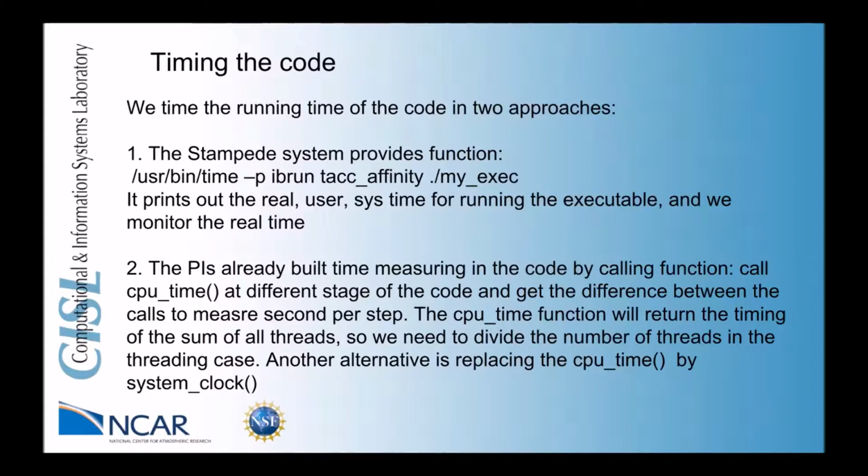It prints out the real time, user time, and system time for running an executable, and we monitor the real time. Also, the PIs already built time measurement into the code using the function CPU_time. But CPU_time returns the timing result summed over all threads, so we need to divide by the number of threads in the threaded cases. Another function we can use to replace CPU_time is system_clock.